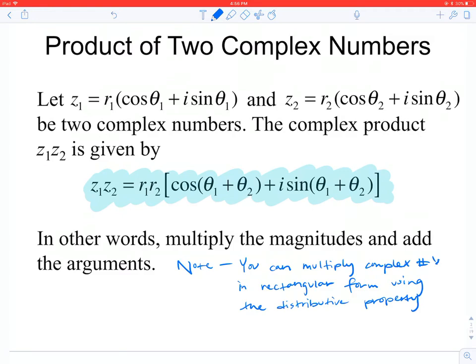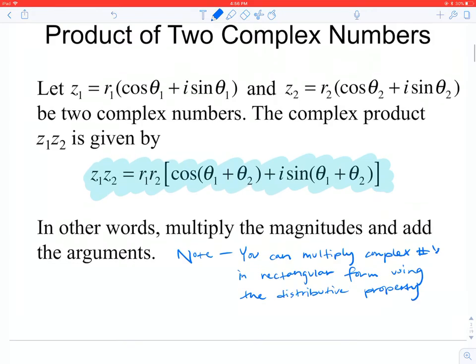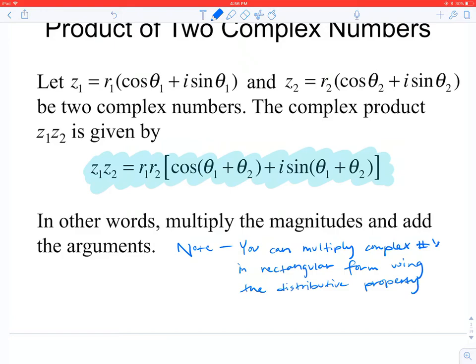But if you're given two complex numbers that are in polar form, and especially if the angle is not an angle on the unit circle where you can't simplify exactly to find A plus Bi, then the formula up here works best.